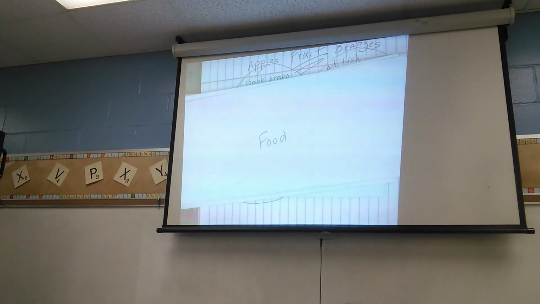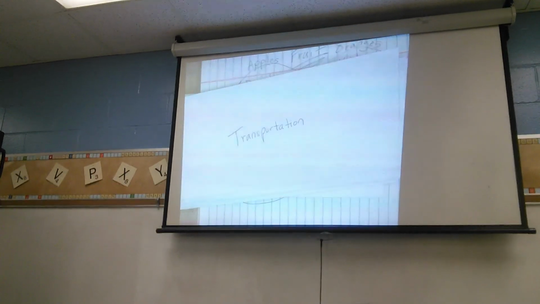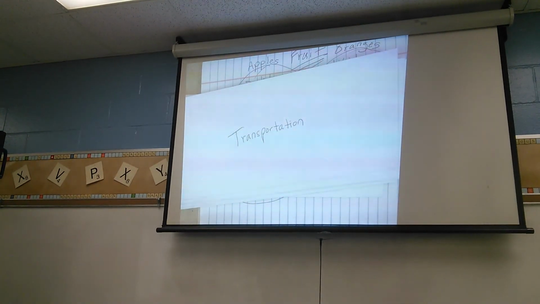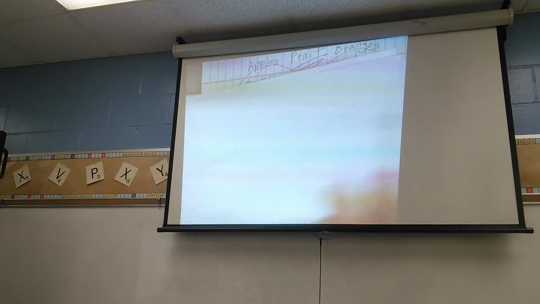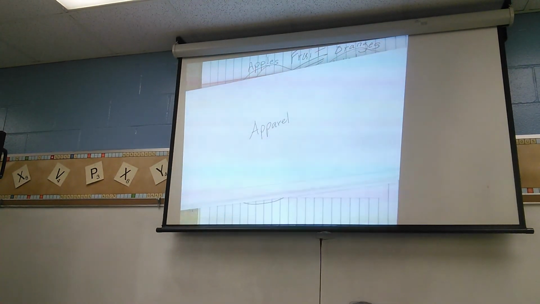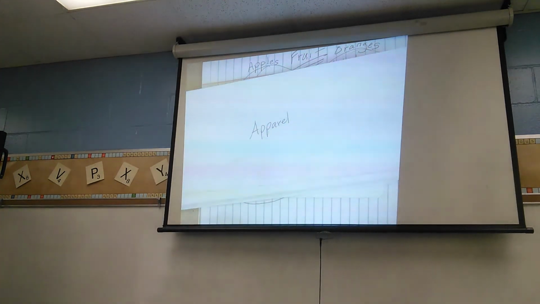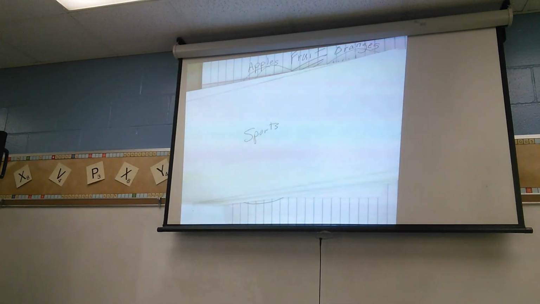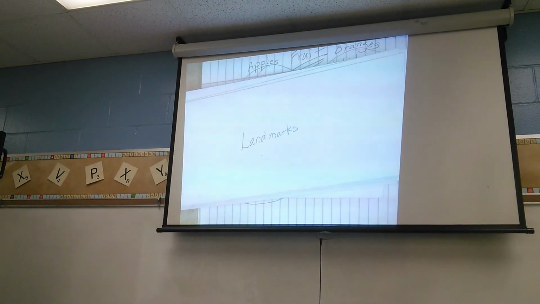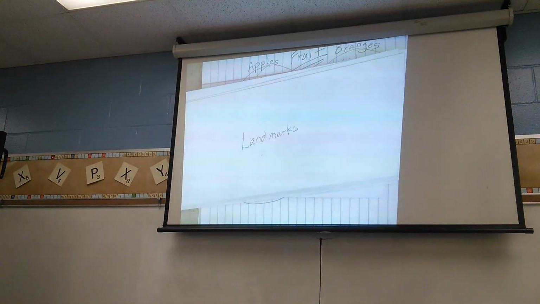Two different types of food. Two different types of transportation. Two different types of weather. Two different types of apparel. And apparel means clothing, or something that you wear on your body. That's what apparel is. Two different sports, and then two different landmarks. Now, a landmark is a monument.